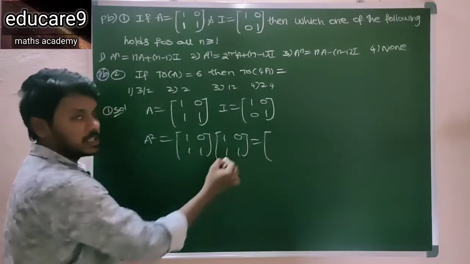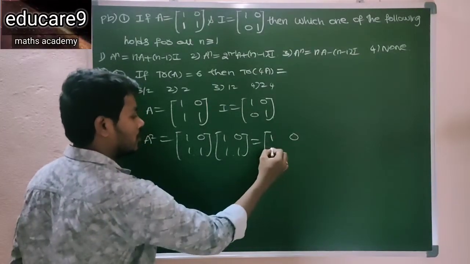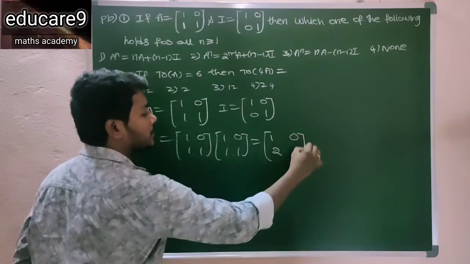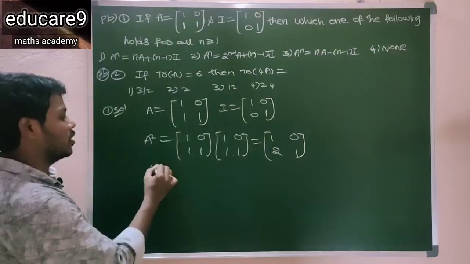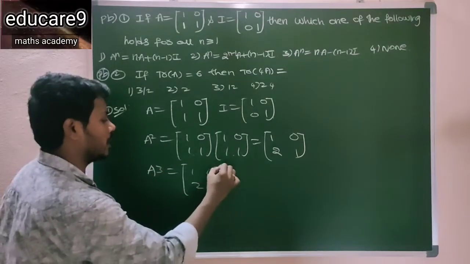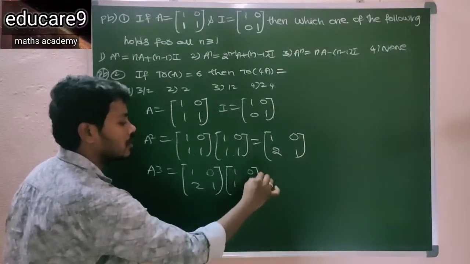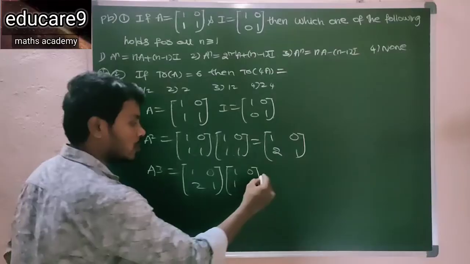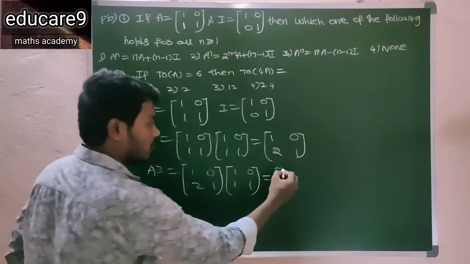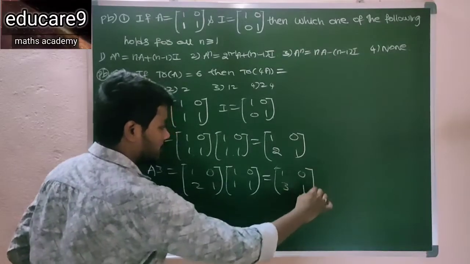Multiply these two, what you get? 1, 0, 1 plus 1 that is 2, and 1. Next A cube. So what is that? A square into A, that is [1 0; 2 1] into A. Now multiply again these two. So what you get? [1 0; 3 1].